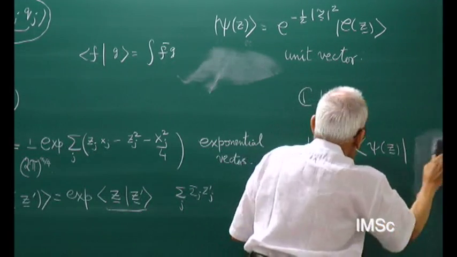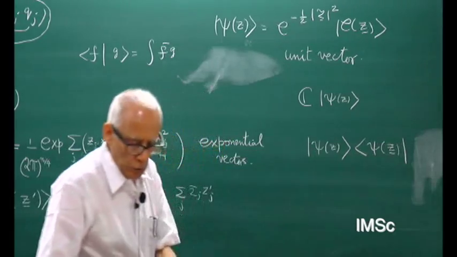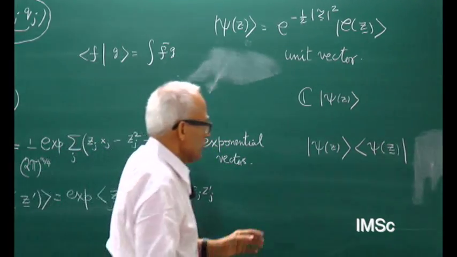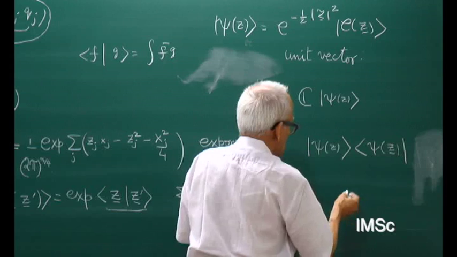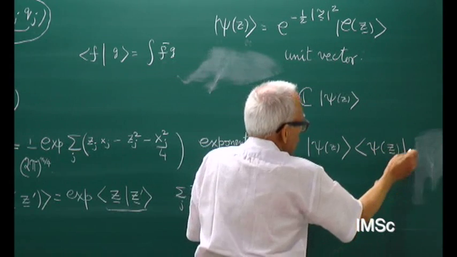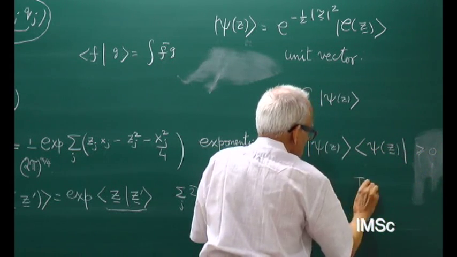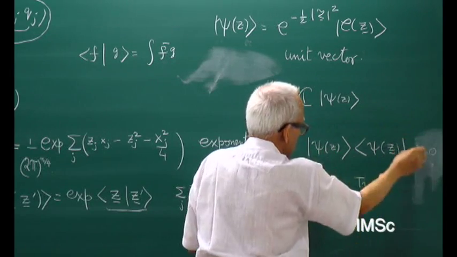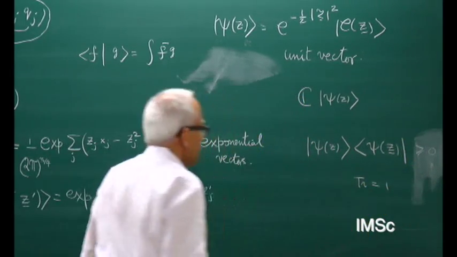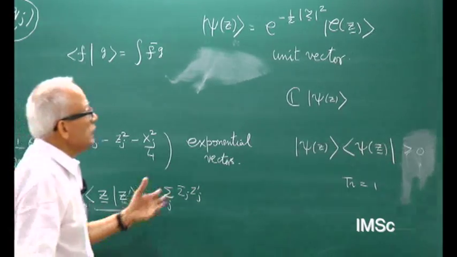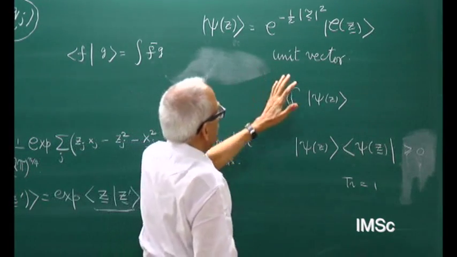So, if you use the Dirac notation, this gives you a projection, and because it is a unit vector, this gives you a one-dimensional projection and its trace is 1. So, this is greater than or equal to 0 and trace equal to 1. That gives you the coherent vectors, the unit vectors.